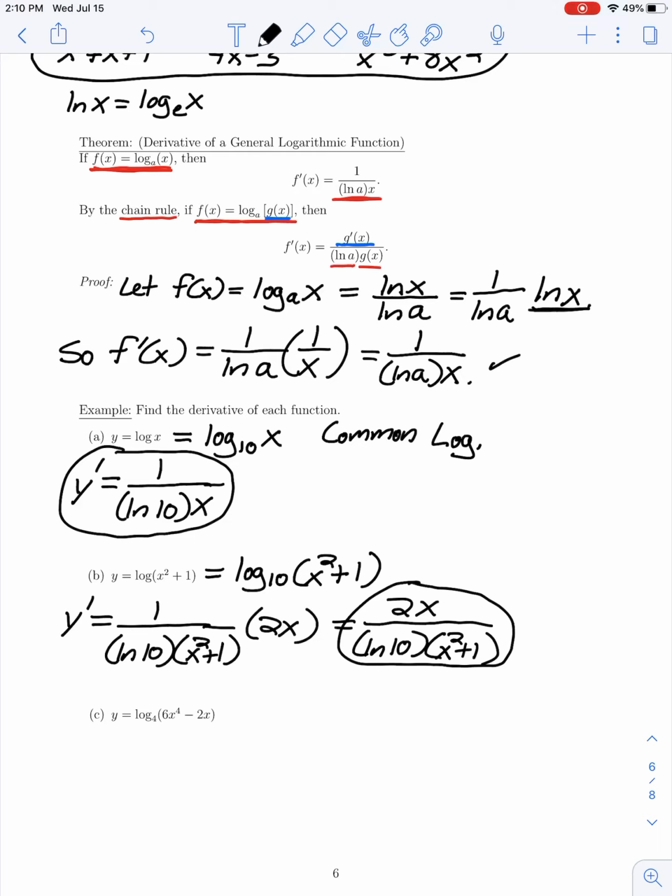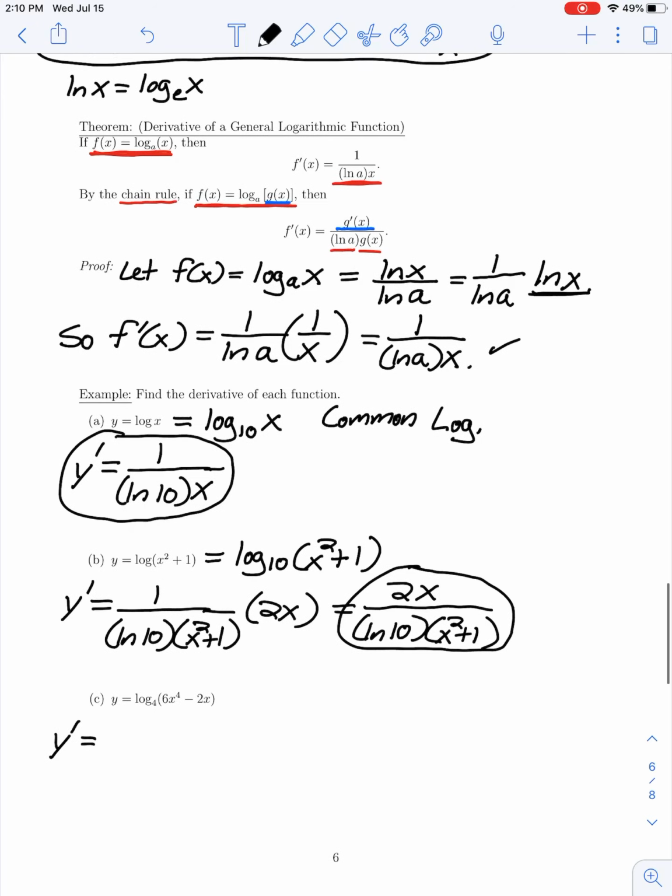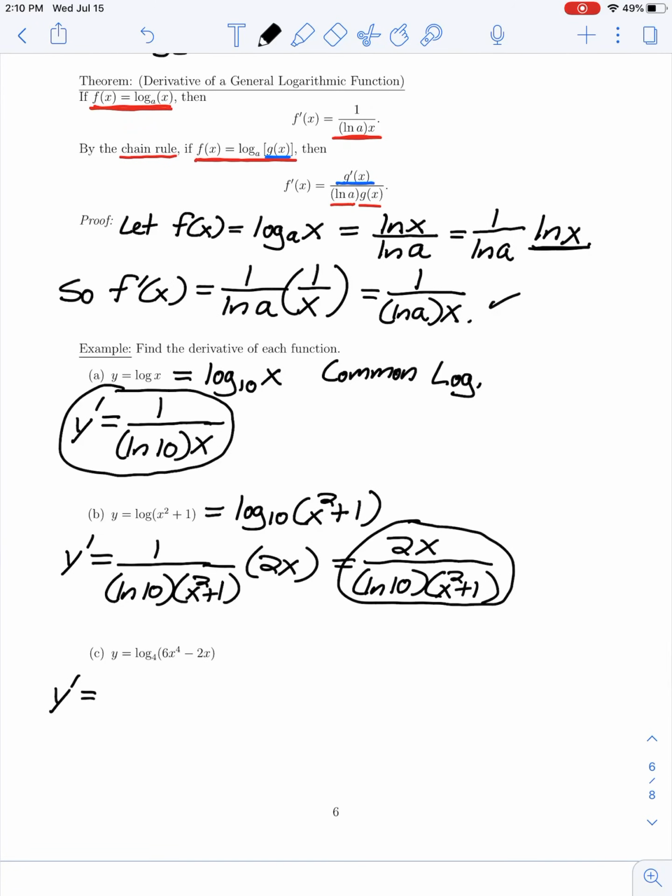All right. And in part C, we have y is log base 4 of 6x to the 4th minus 2x. So again, using the chain rule, the derivative of the log base 4 of a function is 1 over the natural log of the base, which was 4, times the inner function, 6x to the 4th minus 2x. And then we have to multiply by the derivative of that inner function.